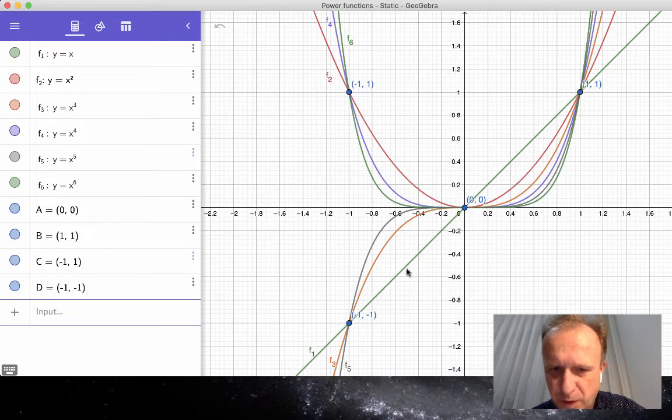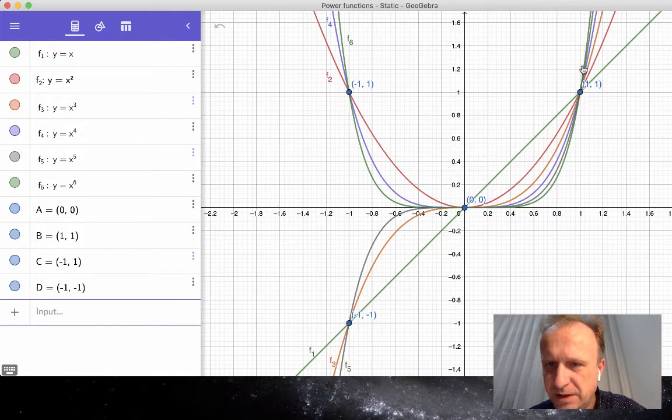So the straight line f1 is the function y equals x. This is very familiar. The graph is a line passing through the origin and also passing through the points 1, 1 and minus 1, minus 1. The red one is y equals x squared, and it's a usual parabola.